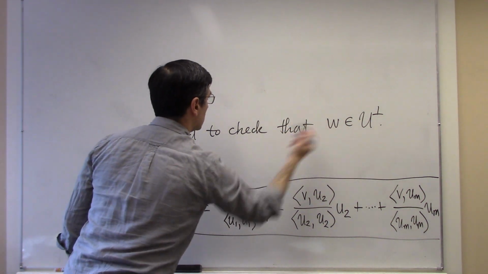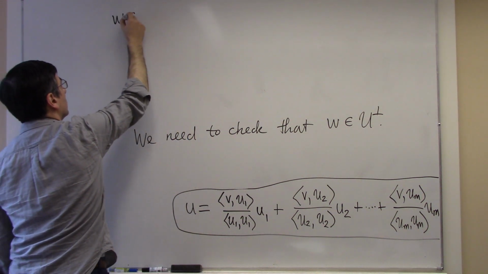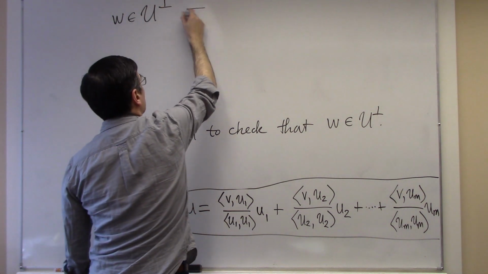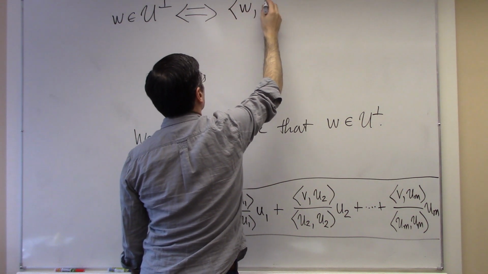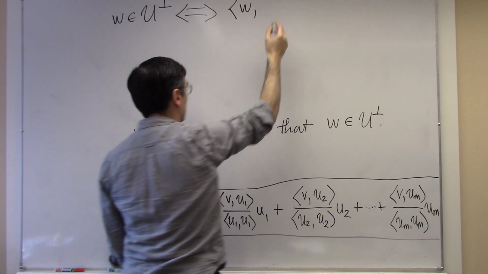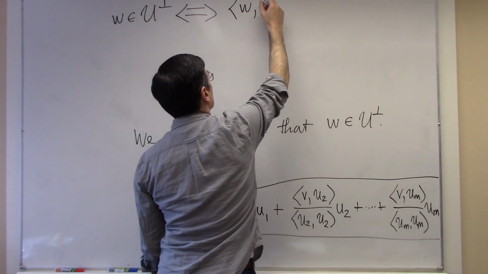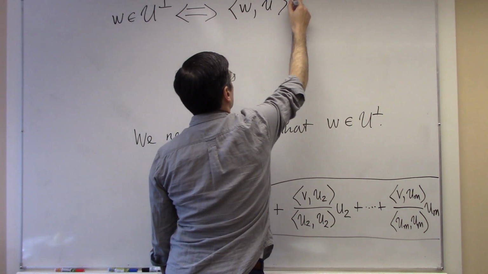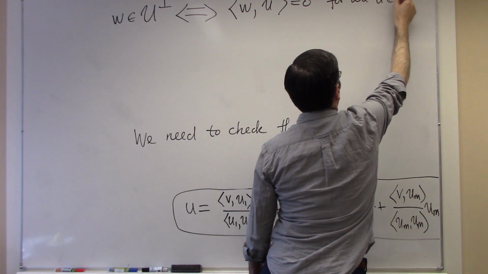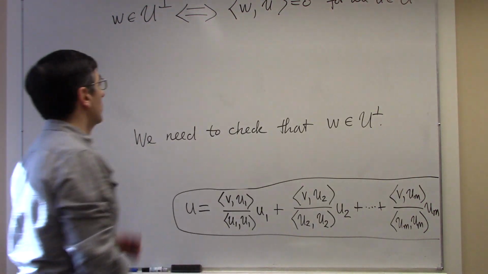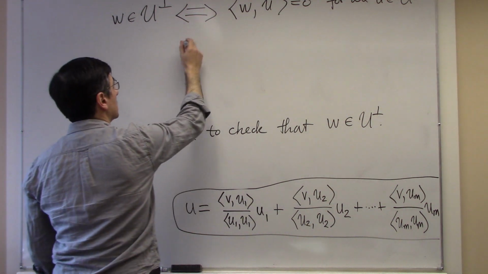So what does this mean, that W is in the orthogonal complement? It means W is in the orthogonal complement if and only if the inner product of W with U prime is 0 for all U prime in U.